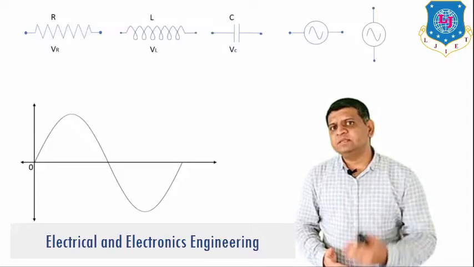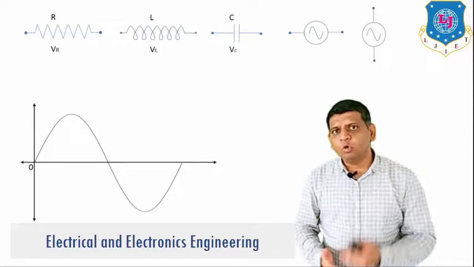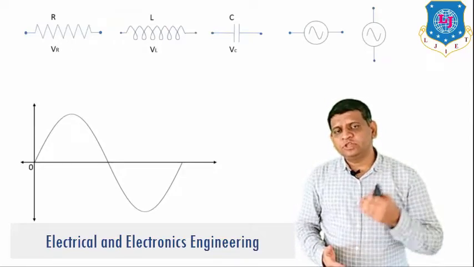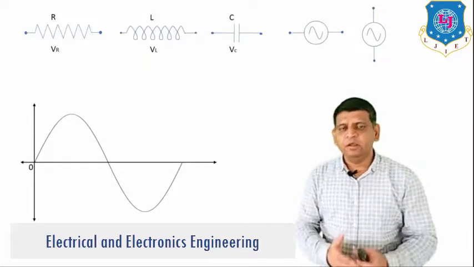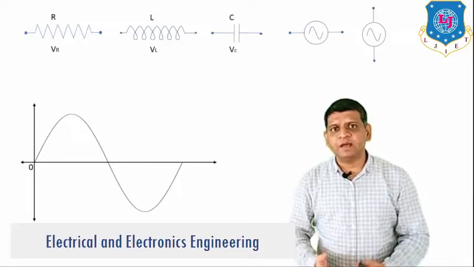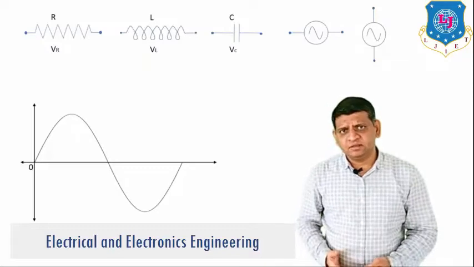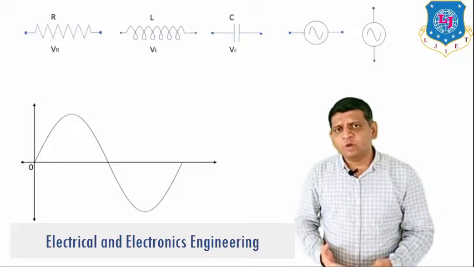Once you apply the AC signal to resistance, you check the behavior of only resistance. Then only inductor, then only capacitor, then everything in combination, like RL, RC and RLC, this way.